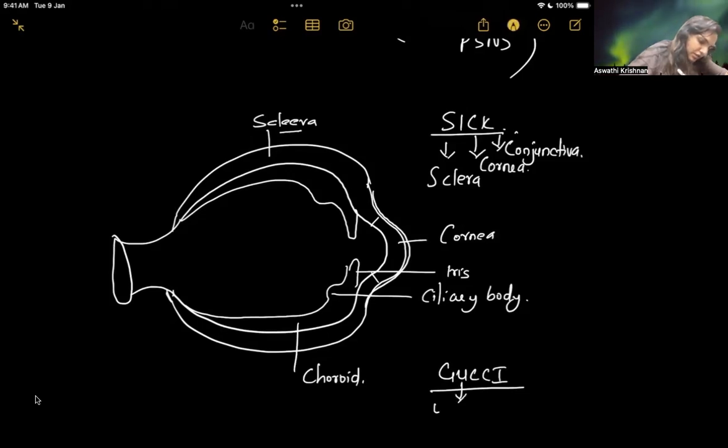So U stands for uveal tract. C stands for choroid. Again, C stands for ciliary body. And I stands for iris. So the second coat, as you can see, choroid, ciliary body and iris all together, is called the uveal tract.